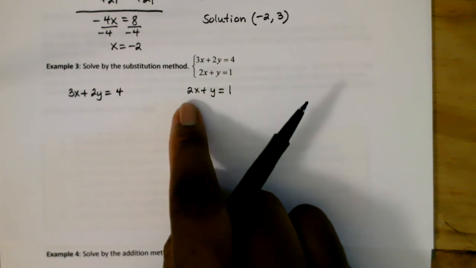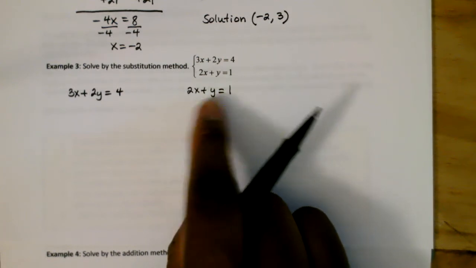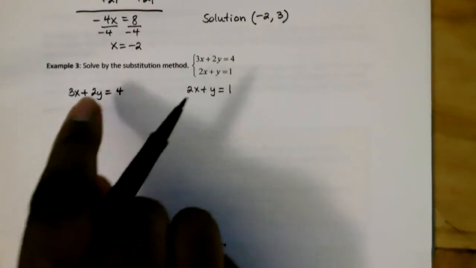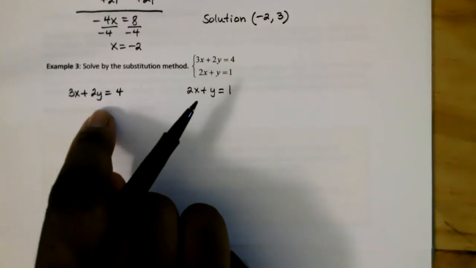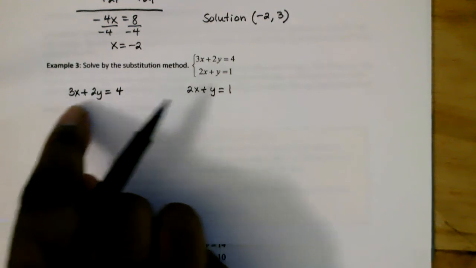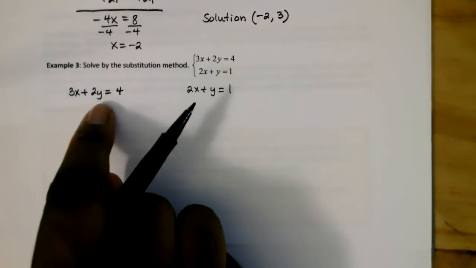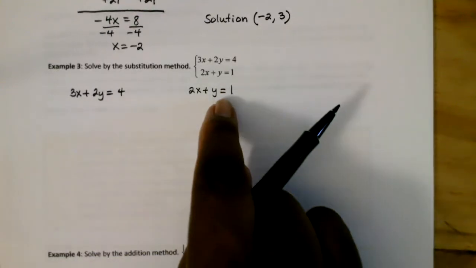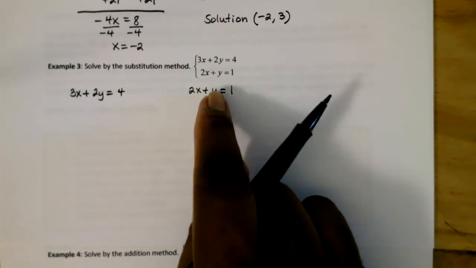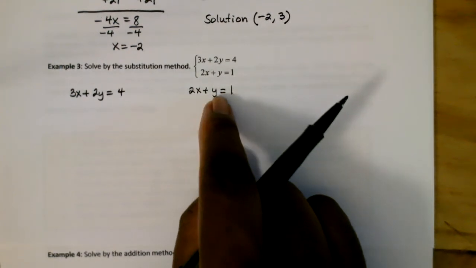If I was to get x by itself, I'm going to be dealing with a lot of fractions here. And if I dealt with that first equation, I would definitely be dealing with a lot of fractions because I had to either divide all the way through by 3 or divide all the way through by 2. So let's work with the one that has a coefficient of 1 for the x or for the y, like this 2x plus y equal 1.